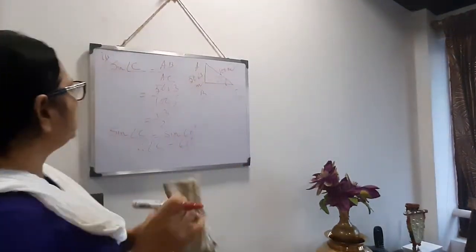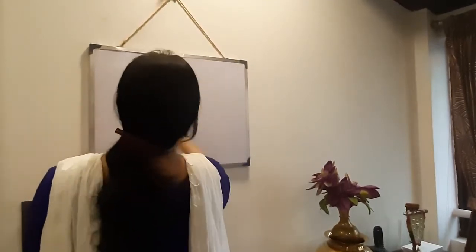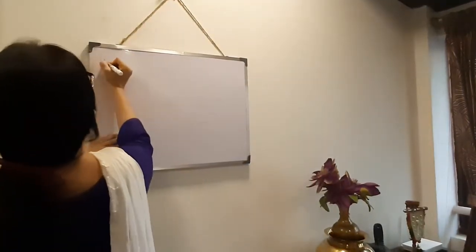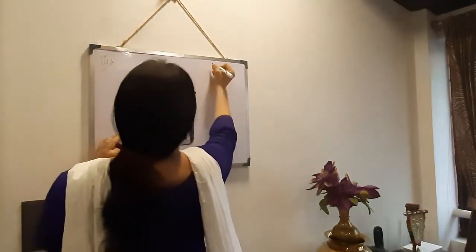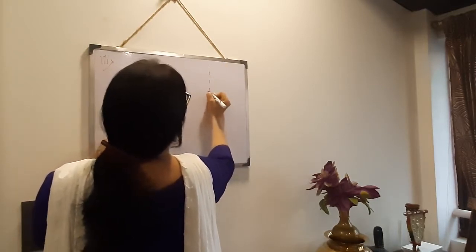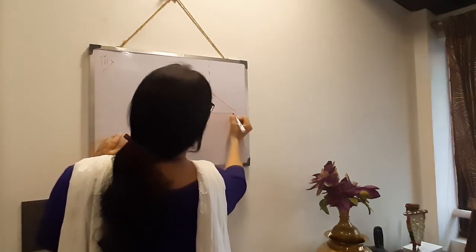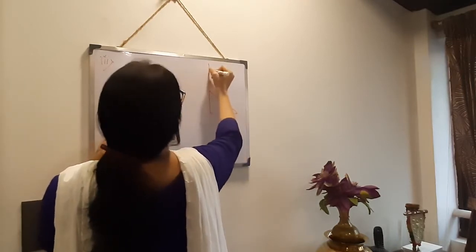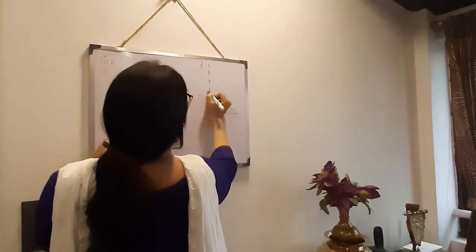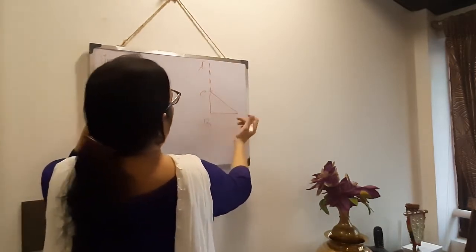Okay. Here it is given that number 3. This was the original length of the tree AB, and it is broken here at the point C, and then its top touches the ground here.